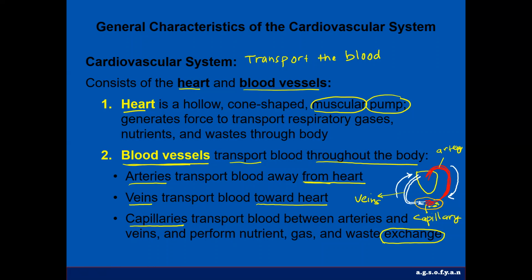There will be cells in our organs that receive the nutrients and oxygen from these blood vessels. And then the cell will also produce waste products. The waste products will go back to the blood vessel and then be carried by the veins back to the heart. So this is the place for exchange between the blood vessels and the cells. This is the capillary.